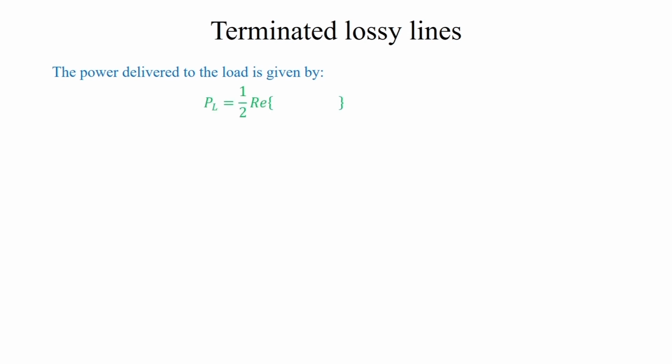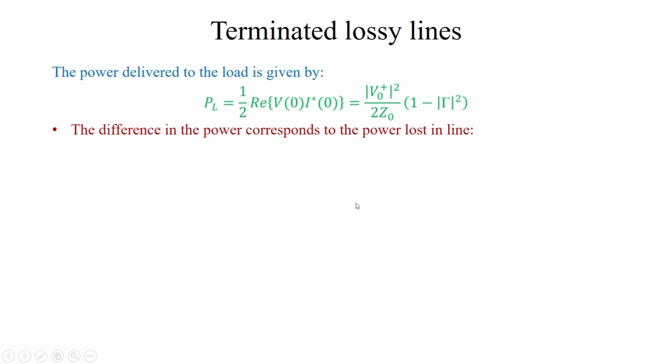This is given by half real part of V at z is equal to 0 multiplied by complex conjugate of current at z is equal to 0, and we can write this as V naught plus magnitude squared divided by 2 Z naught times 1 minus gamma squared, where gamma is the load reflection coefficient. The difference in the power corresponds to the power lost in the line.